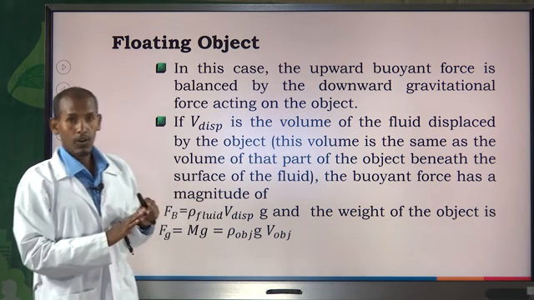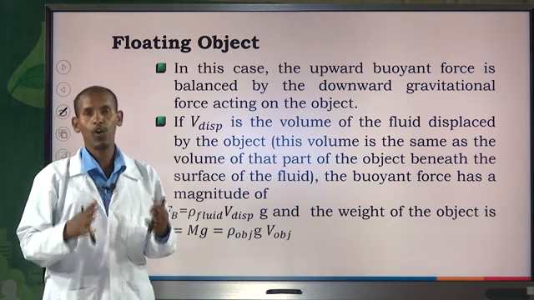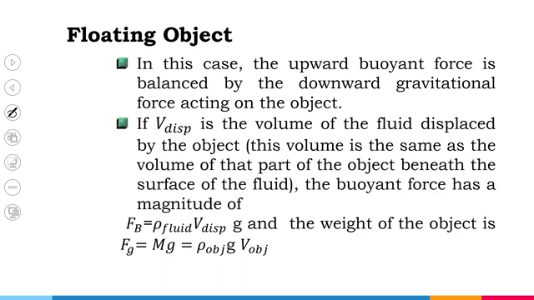The next case concerning Archimedes' principle is when an object floats, which means it does not sink. In this case, the upward buoyant force is balanced by the downward gravitational force acting on the object. If the volume V is displaced by an object, that is, the part of the object beneath the surface of the fluid, the buoyant force has the magnitude F equals the density of the fluid times the volume of displaced fluid times the gravitational acceleration.